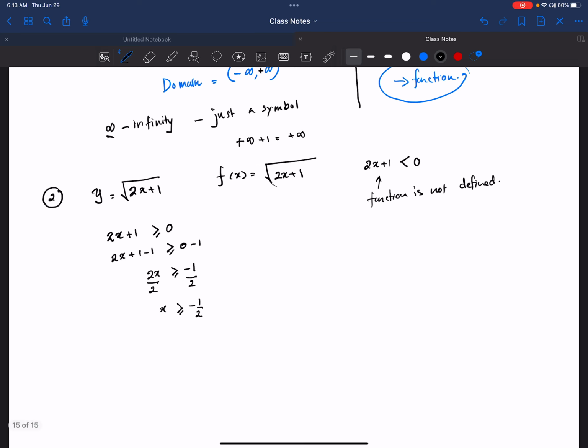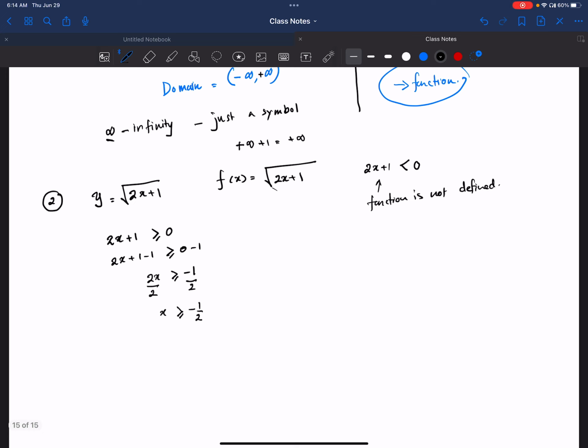So if I remind you, this is called the real line, going from negative infinity to positive infinity, and somewhere in the middle you have 0. Okay, and then you can indicate that this is negative half. And how do you note that negative half is included? You have to color that bubble right there, right?